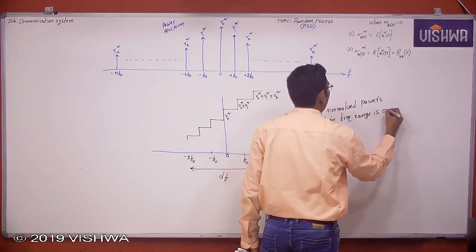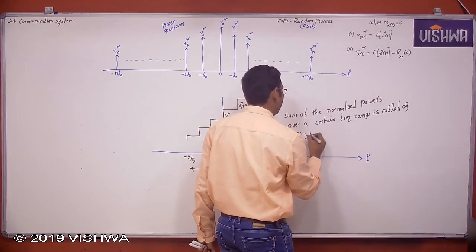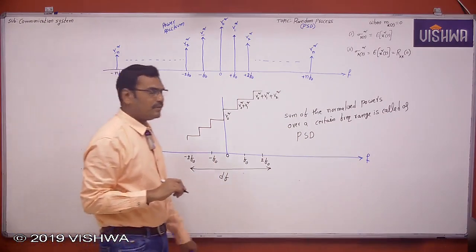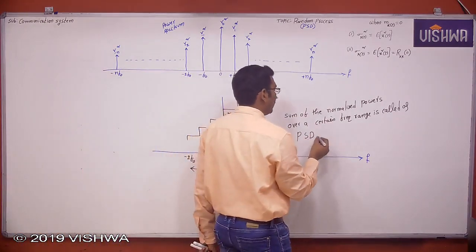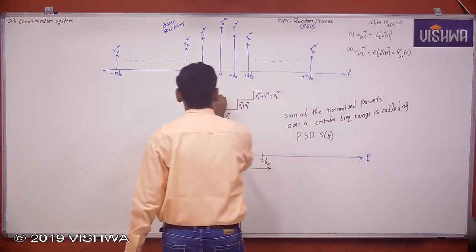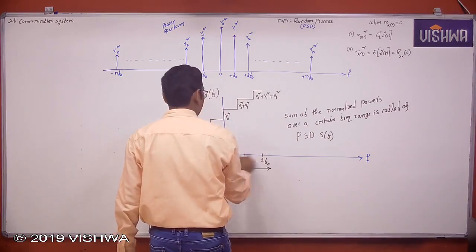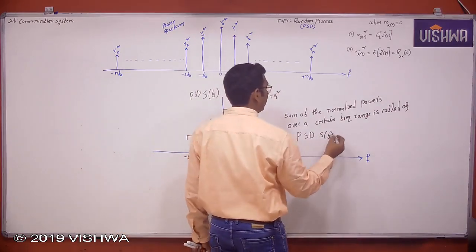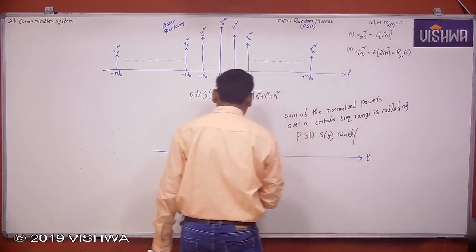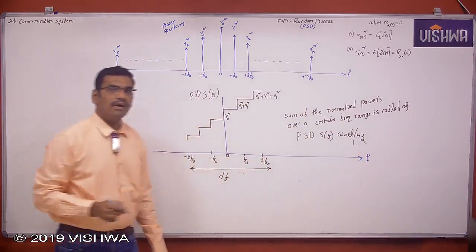This is called power spectral density, represented by S of f. Now this is the power spectral density, the sum of the normalized powers over a frequency range. So units are power, meaning watts, over a frequency range, meaning hertz. Power spectral density units are watts per hertz.